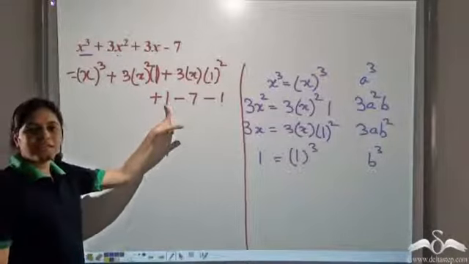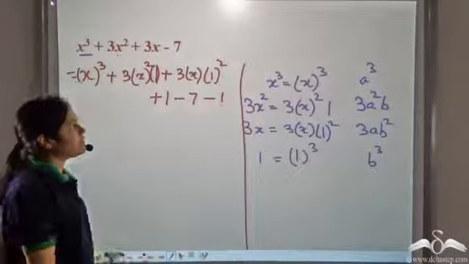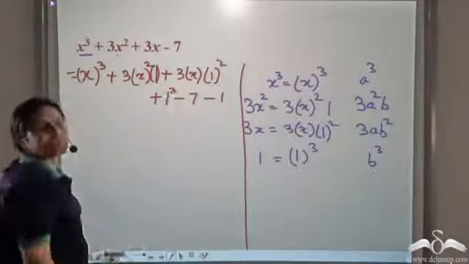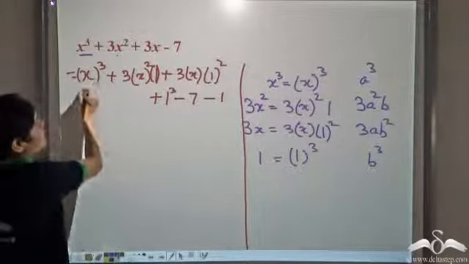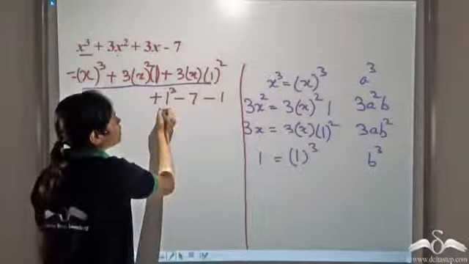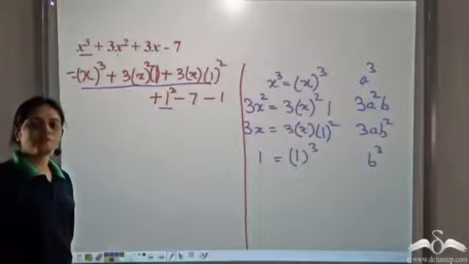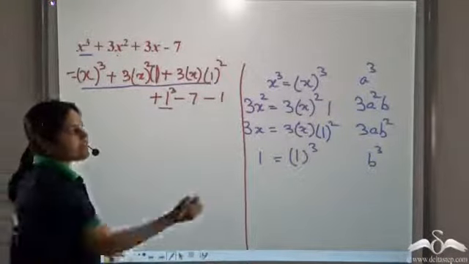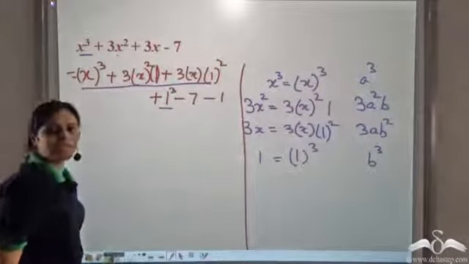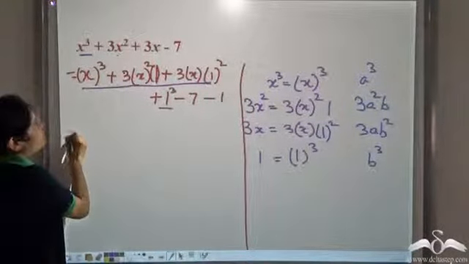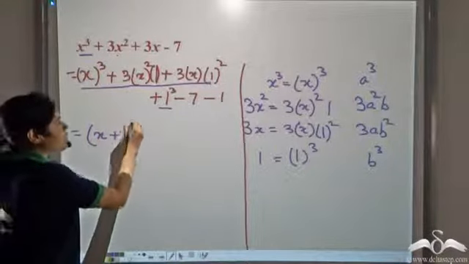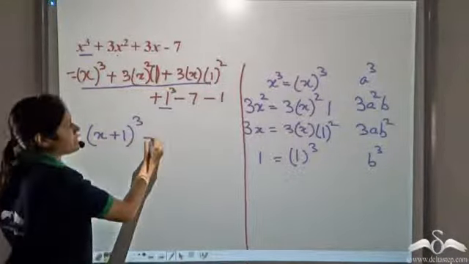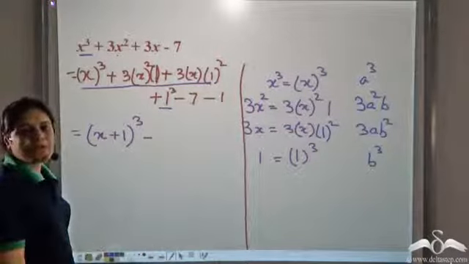So we have added a 1 and we subtract a 1. This one can be written as 1 cube. So these 4 terms are in the form of a plus b whole cube, where a is x and b is 1. So we can write it as x plus 1 whole cube minus 7 minus 1, that is minus 8.